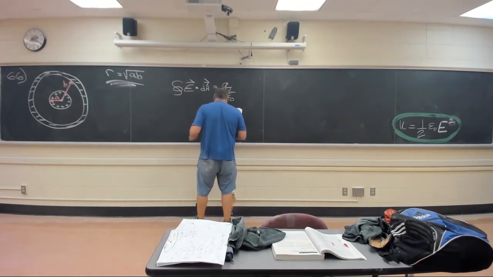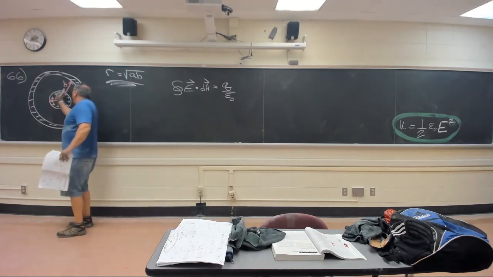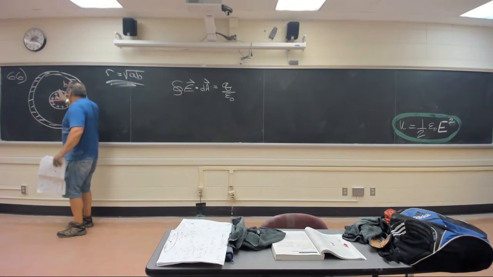For a given location radially away, a distance r between radii a and b, this is radius a, and this whole thing is radius b.